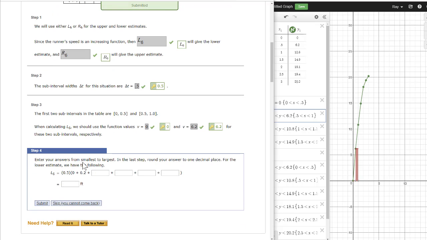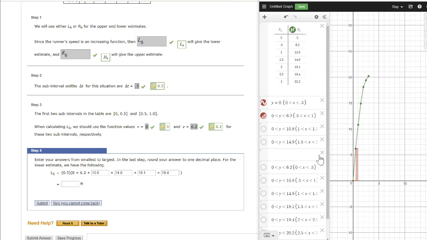Right, so enter your smallest to largest values in the steps. And so here we just really need to look at the table. We're going to go to 6.2, 10.8, etc. And we end at 19.4.